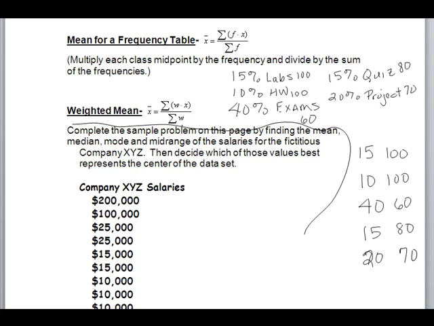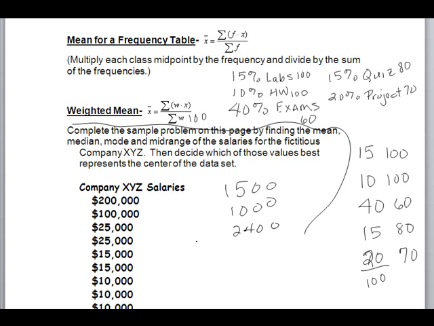According to our formula, we take 15 times 80, which is 1,200, and then 20 times 70, which would be 1,400.